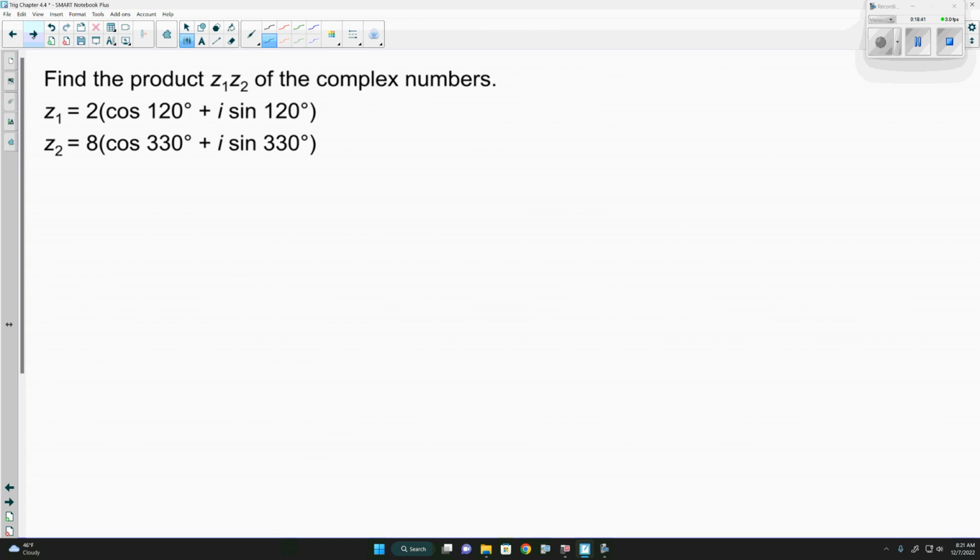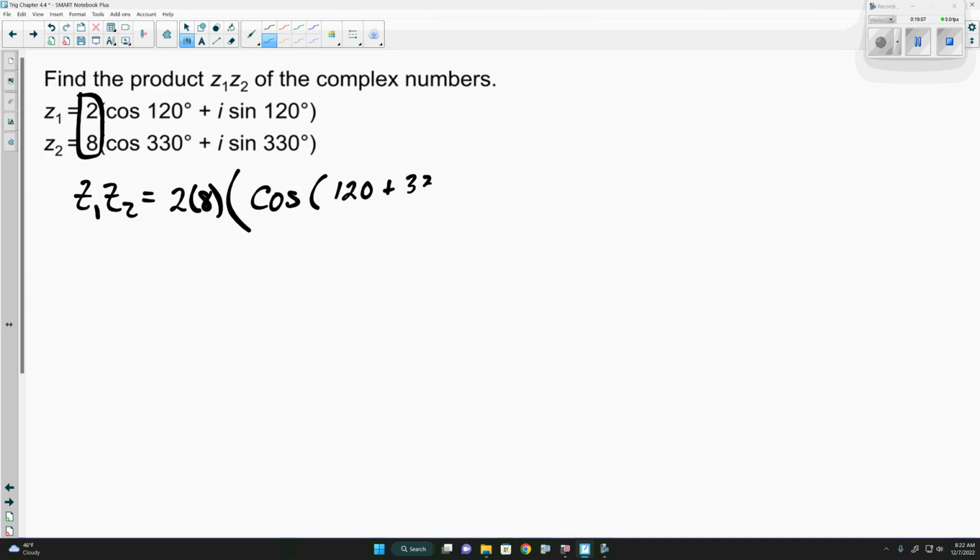So if we wanted to multiply these two together, Z1, Z2, well, we're going to multiply the two R values together. So our two R values are 2 and 8. So we're going to multiply those together. Inside, we're going to add the two angles. So we'd have 120 plus 330 plus I sine of 120 plus 330.